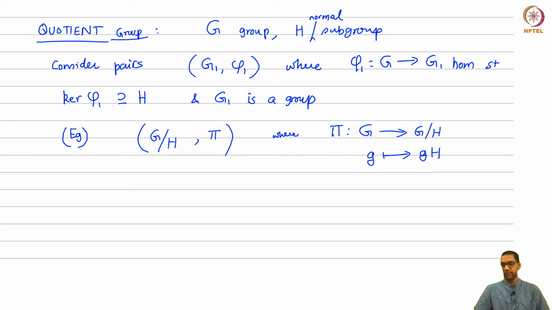This is the natural map from G to the quotient. In this case the kernel of pi is exactly H, so it surely contains H.